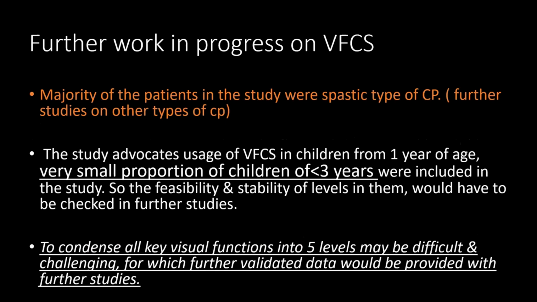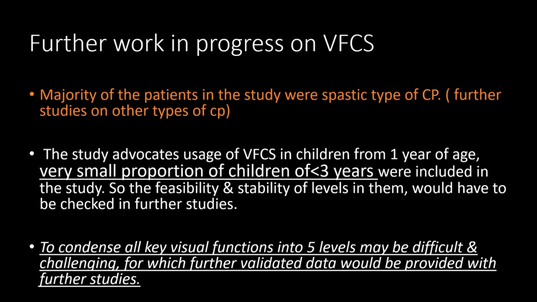And there is further work in progress on VFCS. They had done all the study on the spastic type of CP, so they are trying to classify the levels in other types of cerebral palsy. They included children in the age group of 1 to 19 years, but there was a very small proportion of children in 1 to 3 years of age.